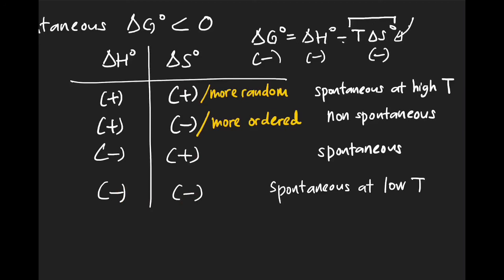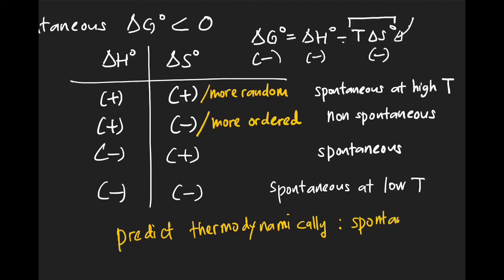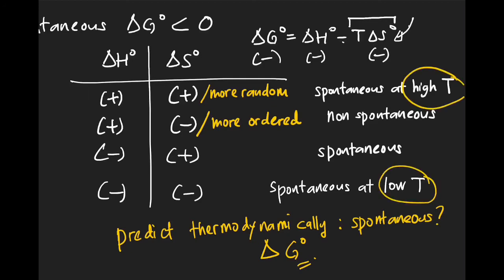From this, we will be able to predict thermodynamically whether a reaction is spontaneous or not, based on the value of the delta G. And if it is spontaneous, does the process prefer an elevated temperature or a low temperature? We can infer this based on the combinations of delta H and delta S.